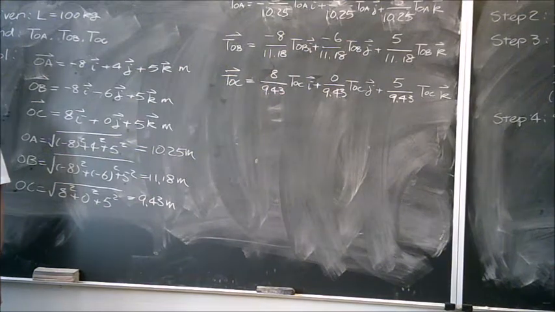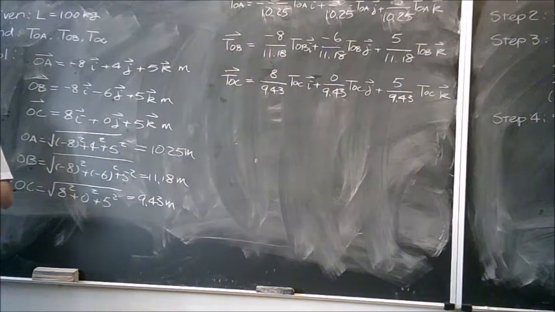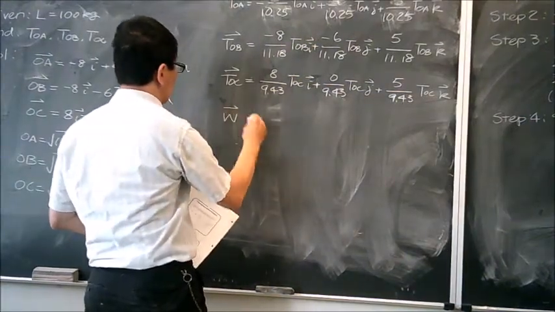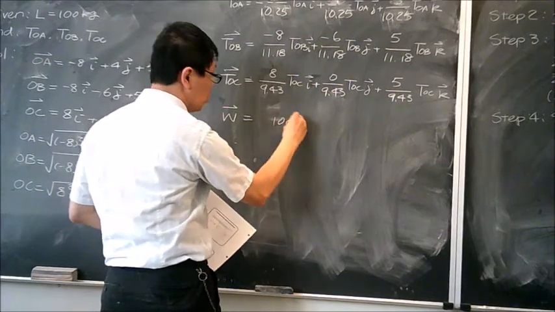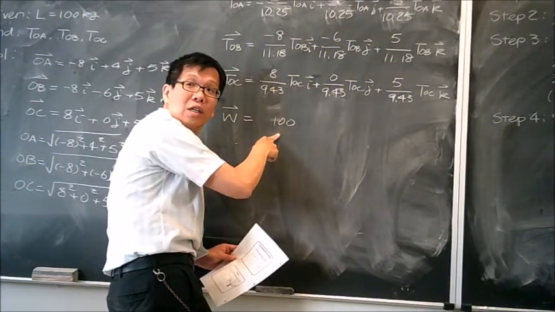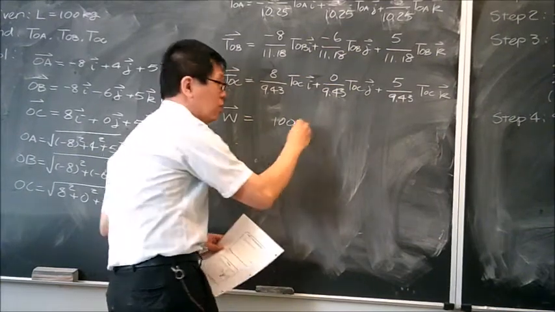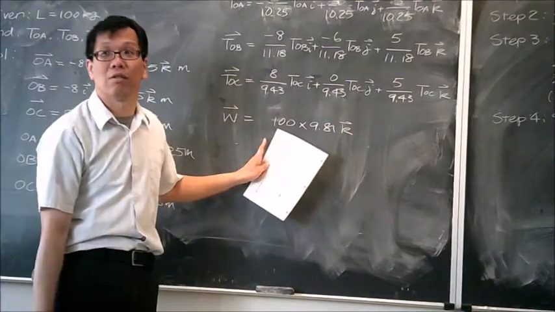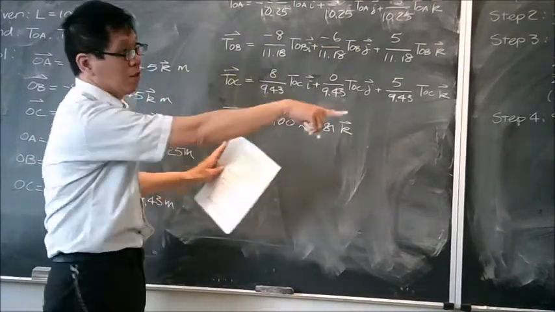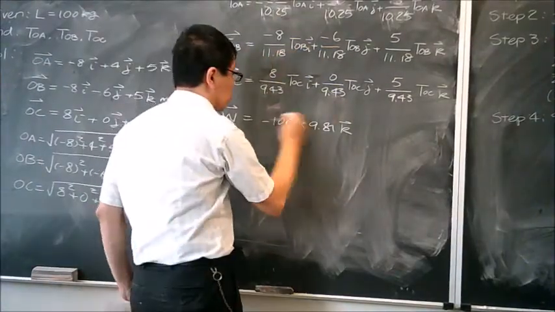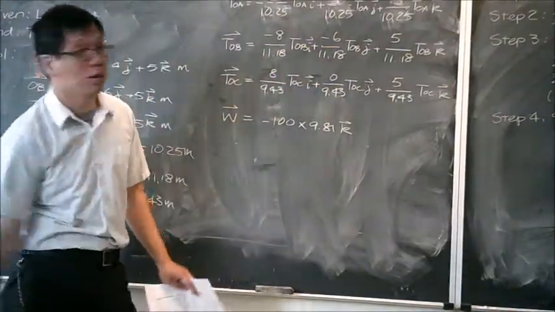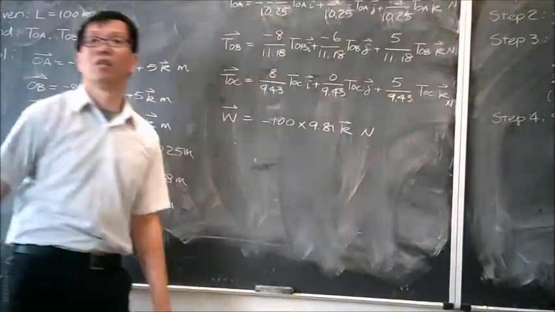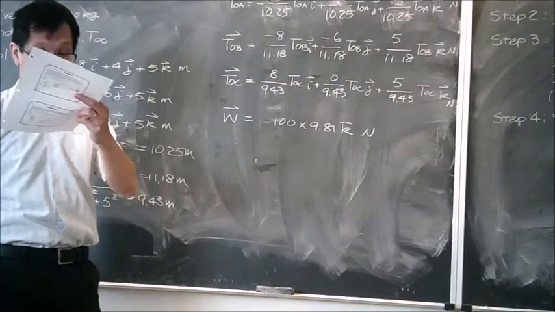Is that all? Do I miss anything? The weight, very good. So the weight is going to be 100, am I right? What do I need to do? 9.81. Okay. Positive or negative? Negative, because I define upward as my positive, so this is negative. So all the units over here are Newton. What are we going to do now?